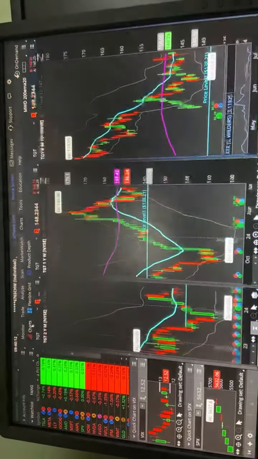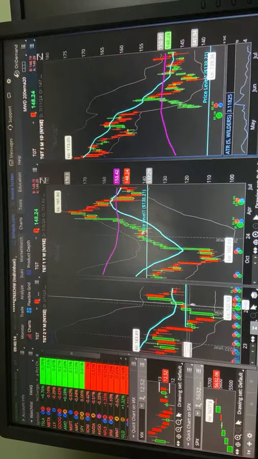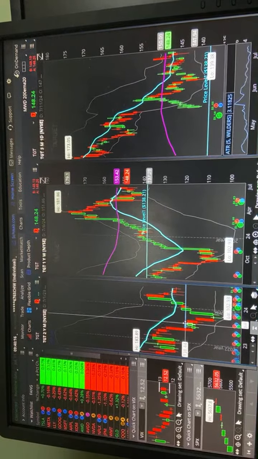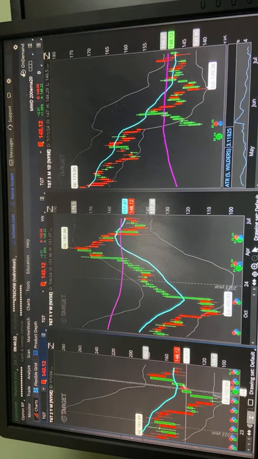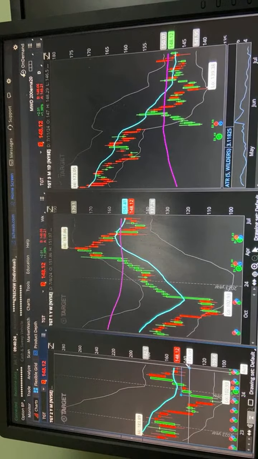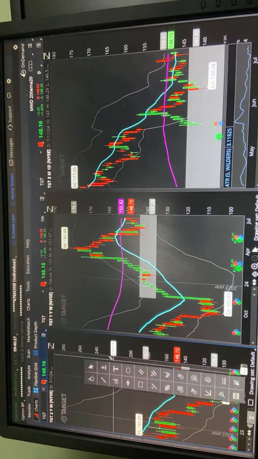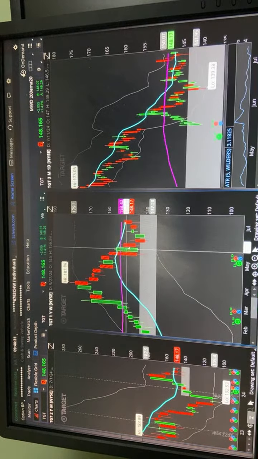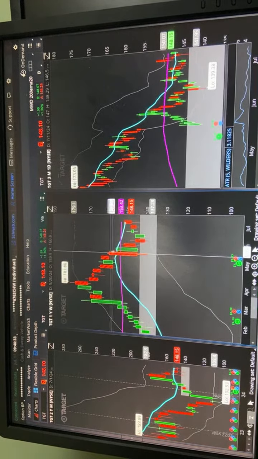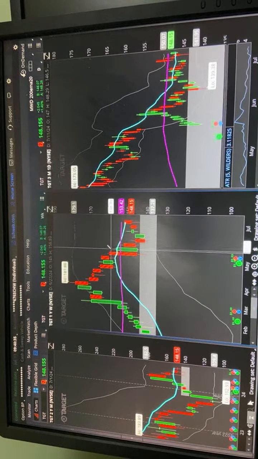TGT, Target. Let me see. It came in on monthly demand, monthly, weekly, daily. So we're coming off monthly demand to the left here. Weekly's trying here. So actually, this has been an inside week for quite some time.